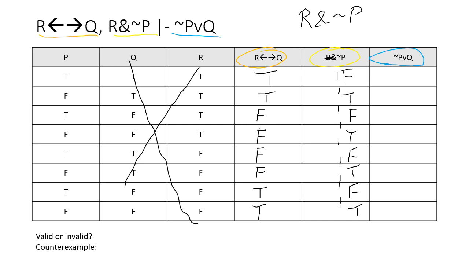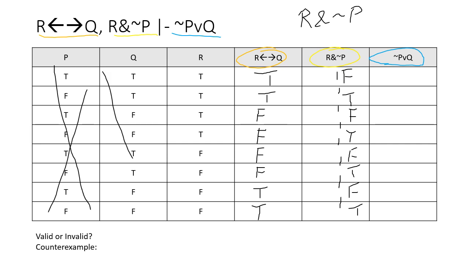So now that we've done that, we can reintroduce the ampersand and we'll get rid of that stuff. Now the ampersand, we're focusing on just the R in our key and the tilde P that we just wrote down. So this is our left side, this is our right side. So where's an ampersand true? Well, it's true wherever both of them are true.